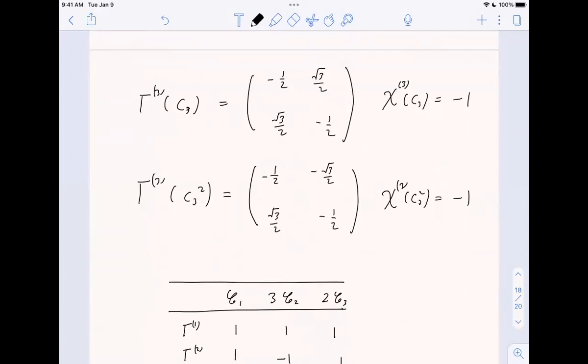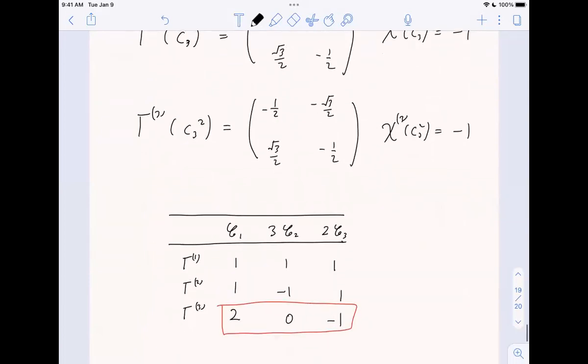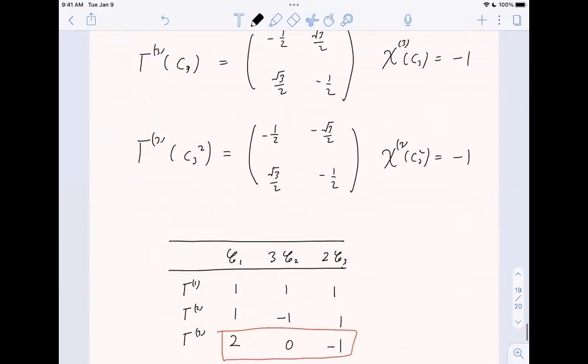Now let's say we have another representation that is somewhat bigger. It's not easy to write.